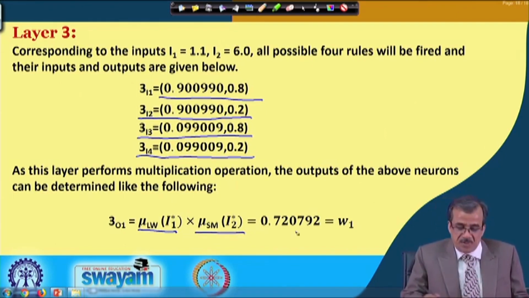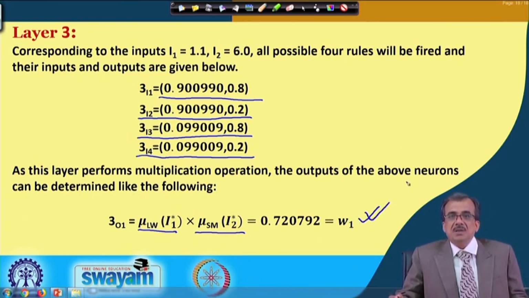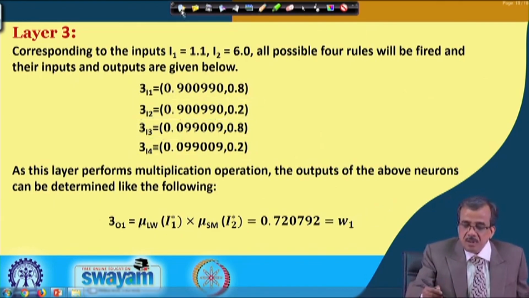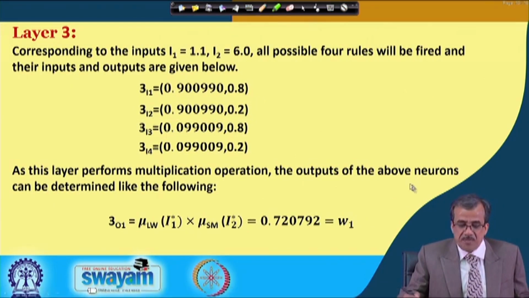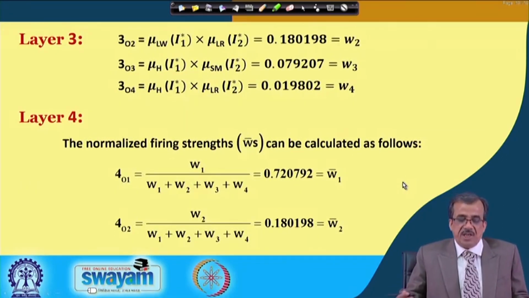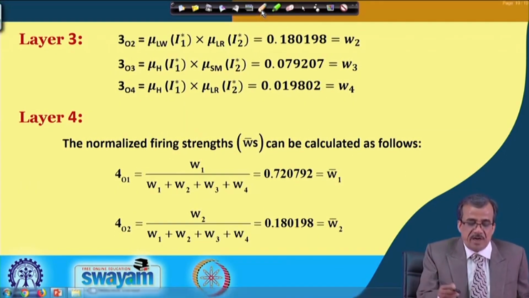And if you substitute the numerical values and multiply, you will be getting W1 as the firing strength for the first fired rule. Now, by following the same procedure, we can find out the firing strength of the other fired rules.